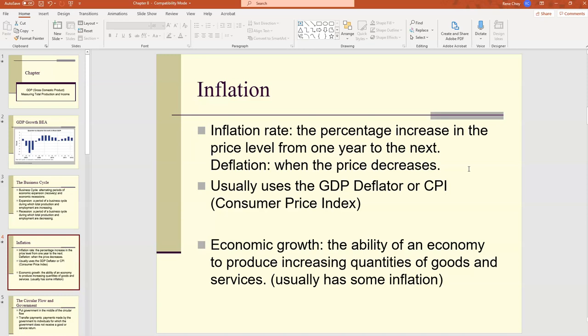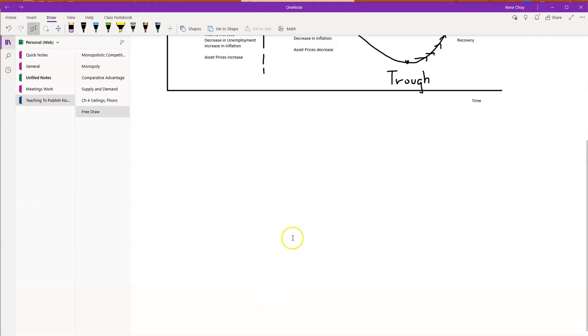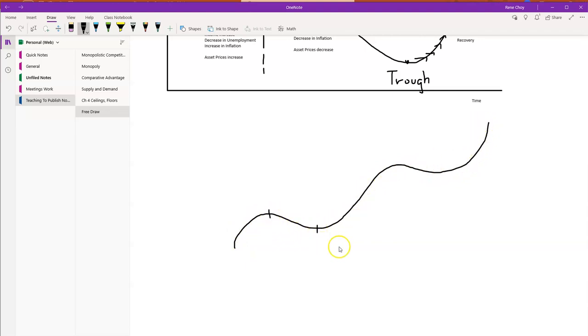Now, what exactly are we trying to achieve in general over time? Well, with the understanding that there are expansions and recessions, an economy is measured by its ability to grow over time. In other words, its ability to have more expansions than recessions. So something like this, where you have recessions, but eventually you recover and you expand.